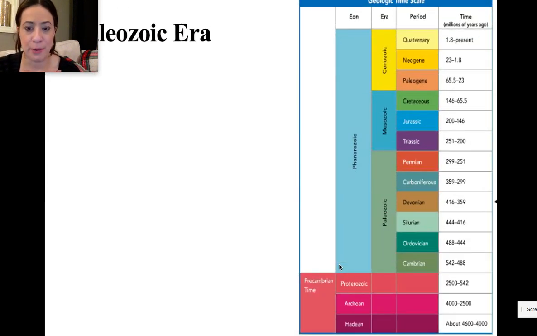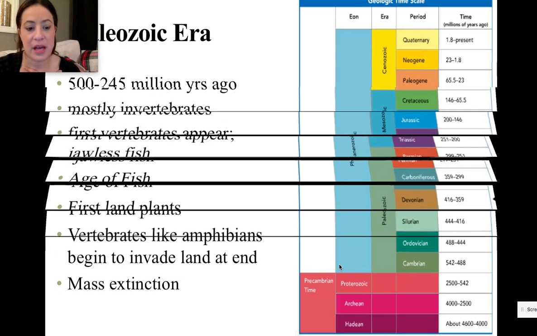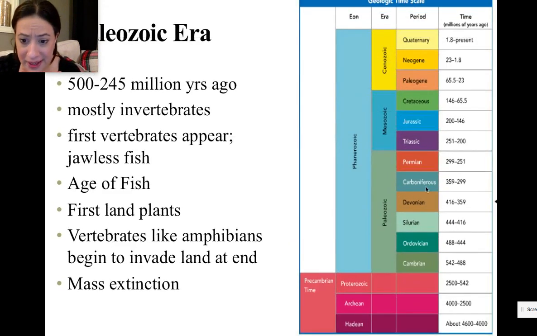Following the Precambrian era, we have the Paleozoic era, which is this time span here that my arrow is over, from 500 to 245 million years ago. But this is basically the age of fish. So our first vertebrates would appear, mostly jawless fish, and we would have our first land plants.